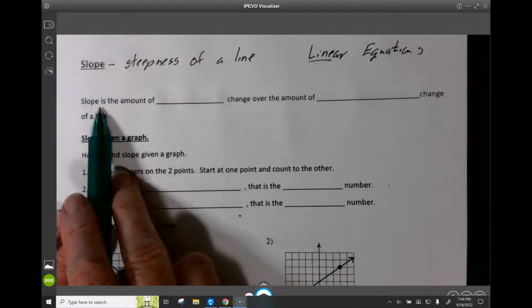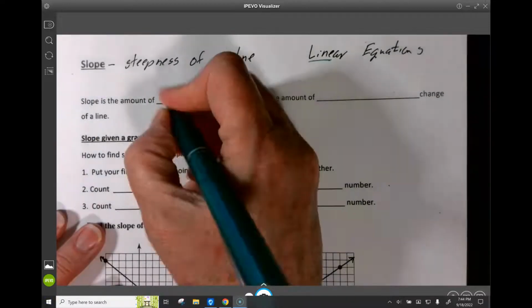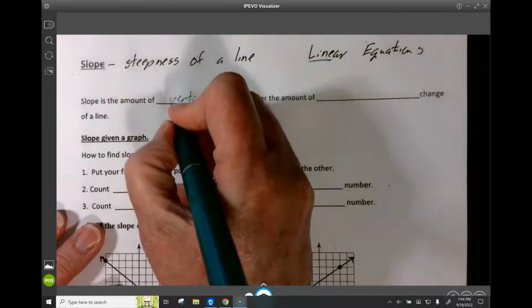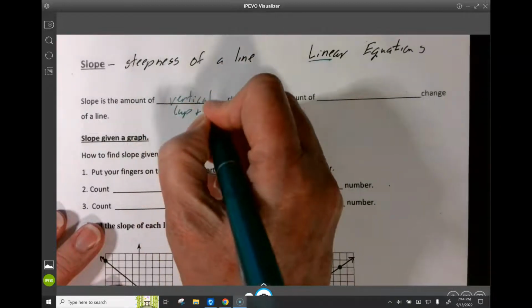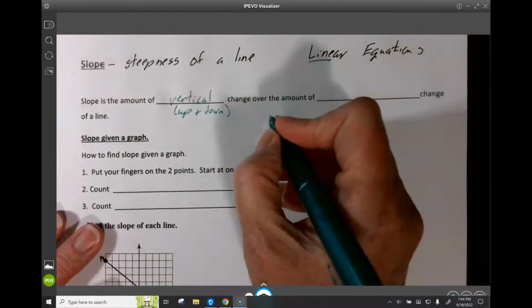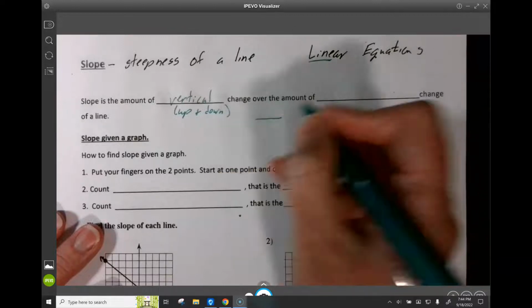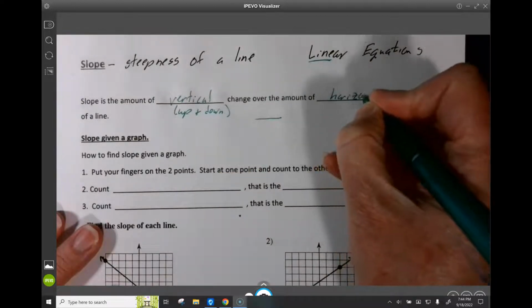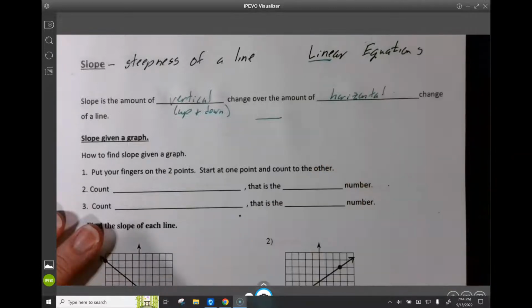So what does slope mean? Well, slope is the amount of vertical change, meaning up and down, over, so it's going to be a fraction, over the horizontal change of a line.